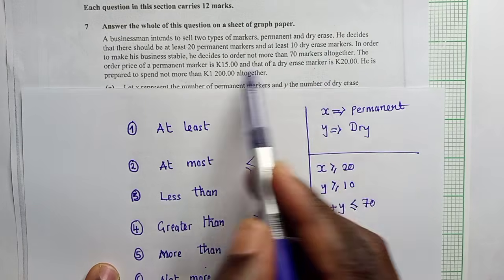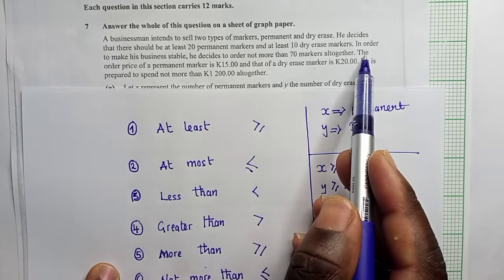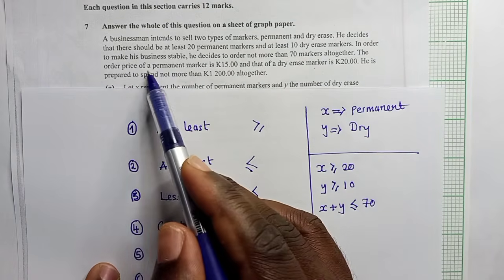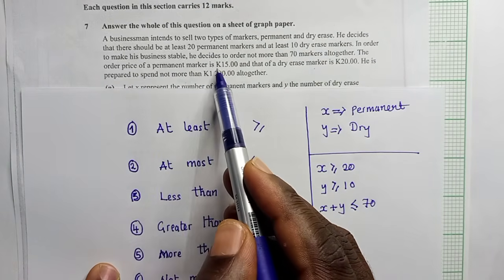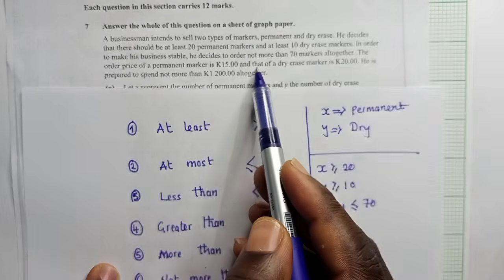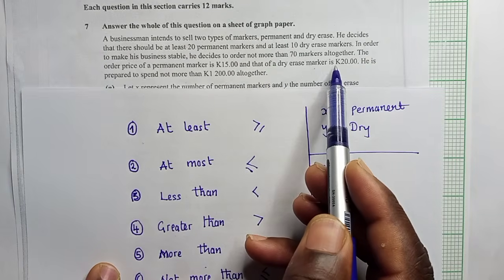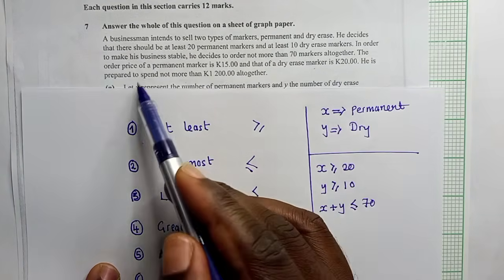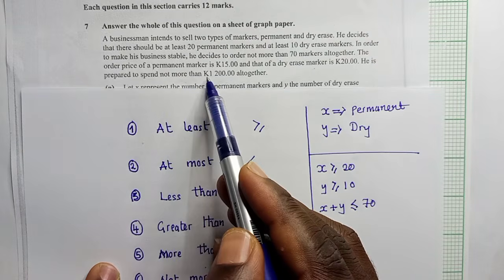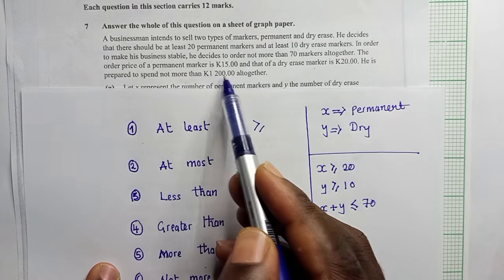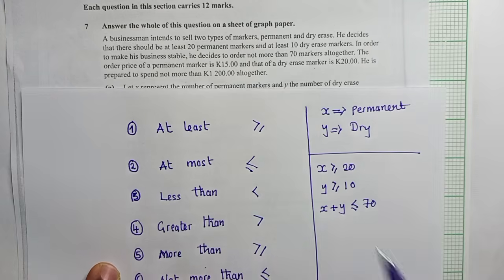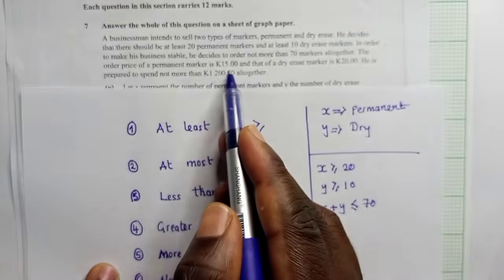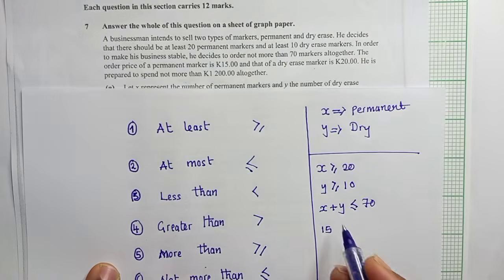We come to the last part. The order price of permanent markers is 15 kwacha, and that of dry erase markers is 20 kwacha. He is prepared to spend not more than 1,200 kwacha altogether. So here, 15 is for permanent, and we know it's X there.